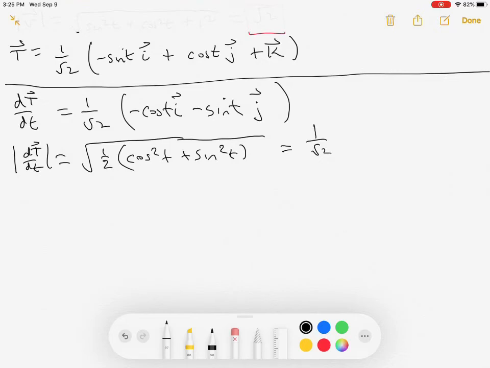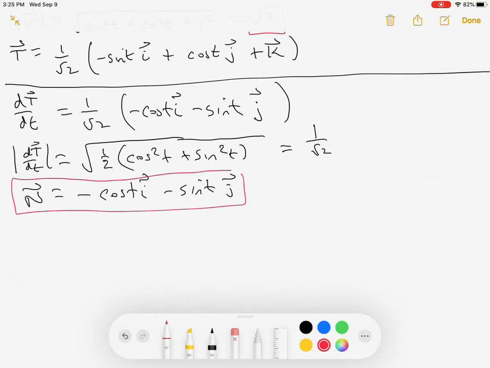Okay, so if we put dT over its length, we get N. And the 1 over root 2's cancel, so N becomes minus cosine T i minus sine T j. Okay.